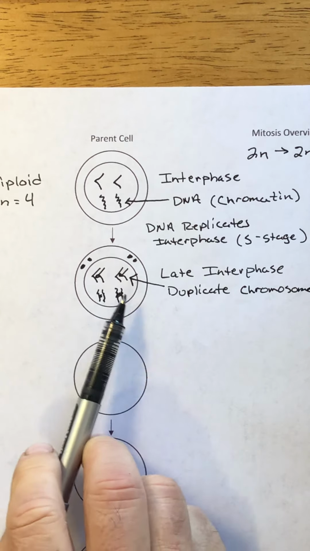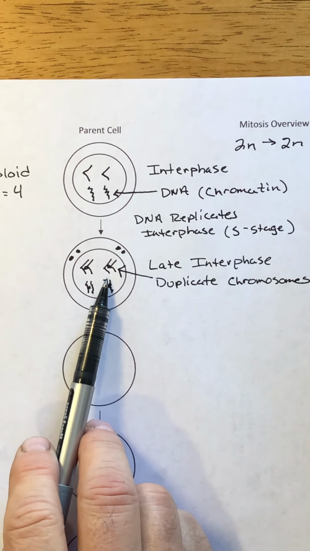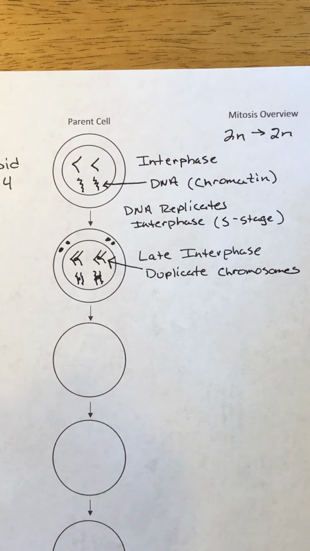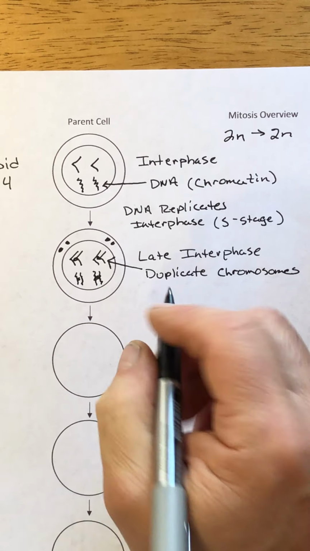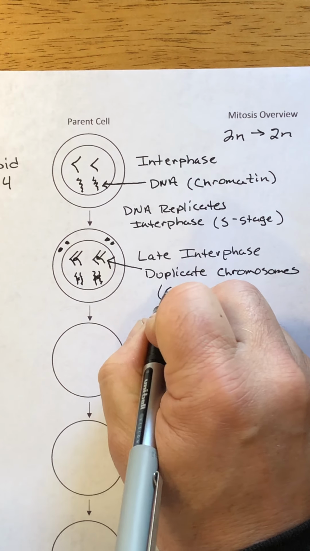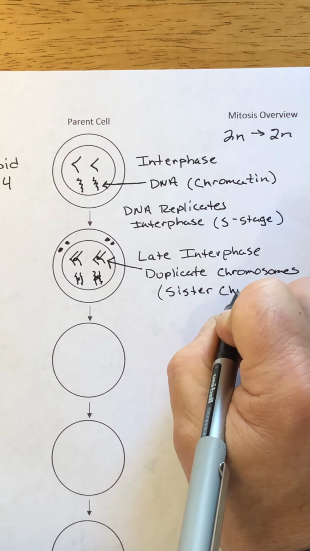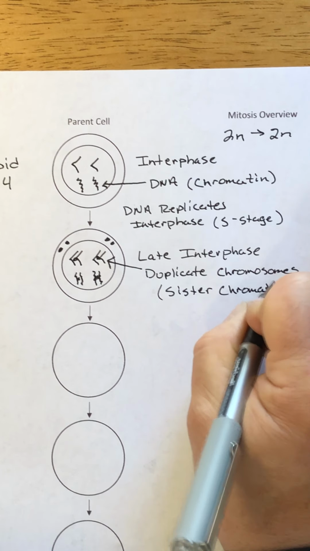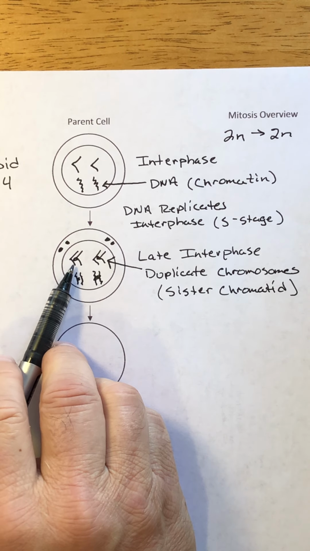By late interphase, that DNA has started to go from the chromatin form to this more condensed, tightly coiled chromosome, or duplicate chromosome form. These duplicate chromosomes will also be called sister chromatids. They're held together by this little constricted region called a centromere.